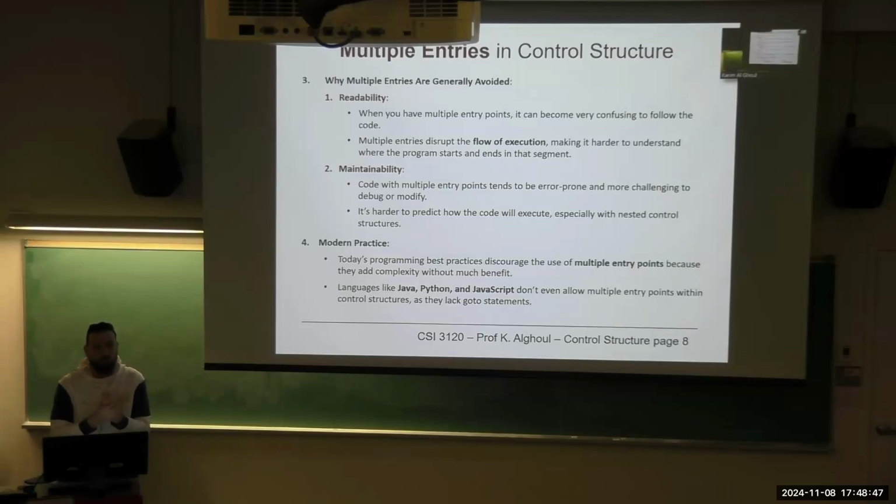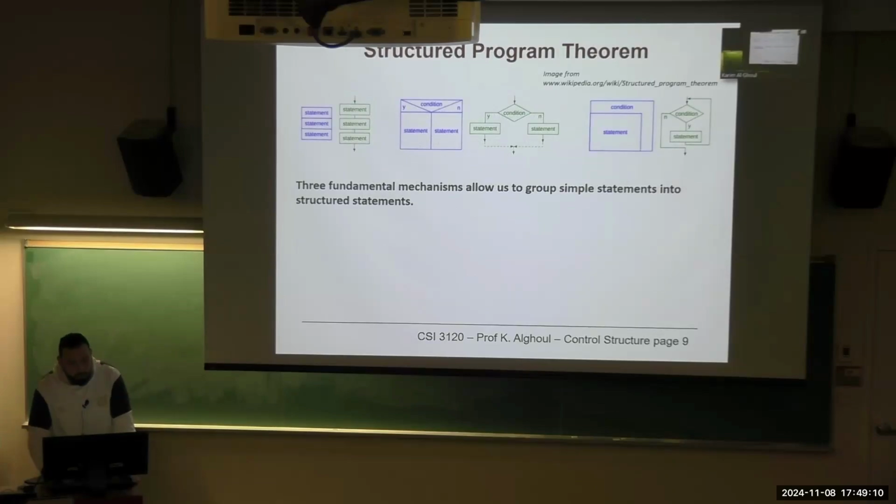We don't have the goto in Java, for example. It's similar to when we talked about strong typing: Java doesn't even allow you to do coercion because they want to maintain the better design as much as they can. The same thing here, they don't even allow the goto.